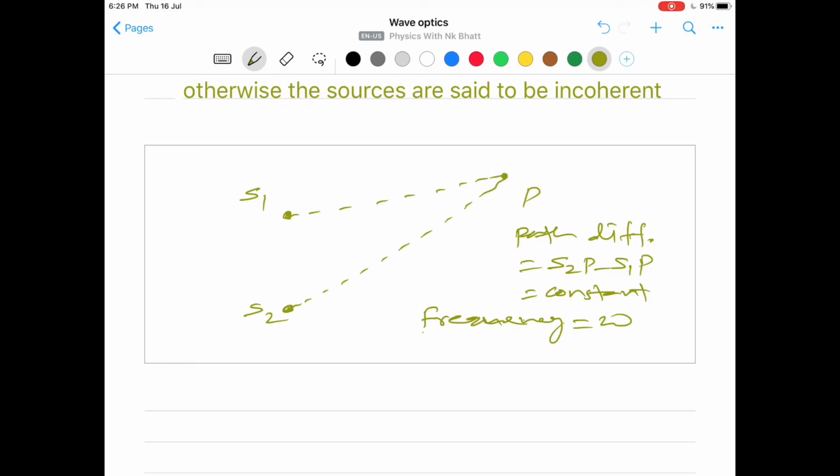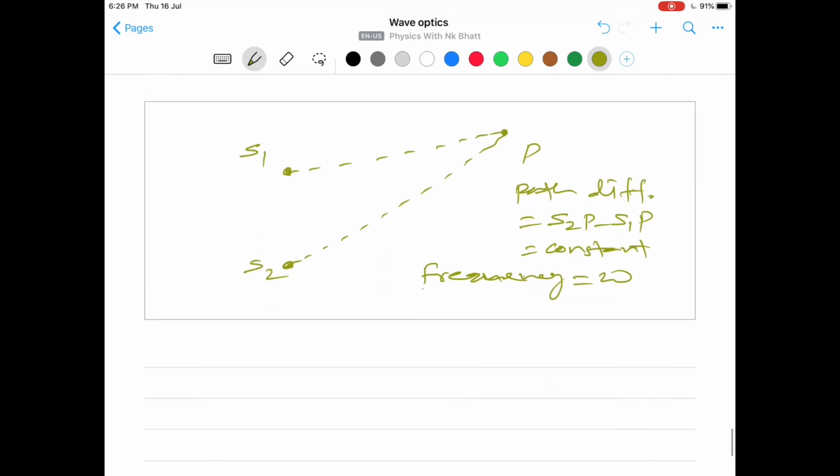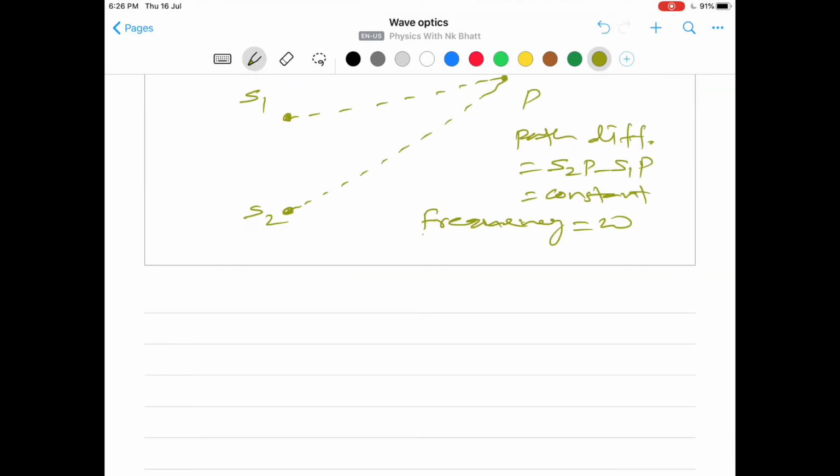If the positions of S1, S2 or this point P are changing, then definitely out of these two conditions, the second condition of constant phase difference will not be satisfied. In that case, these two sources would be incoherent. So same frequency depends on the nature of sources. If they are having the same source, then definitely the frequency would be the same.